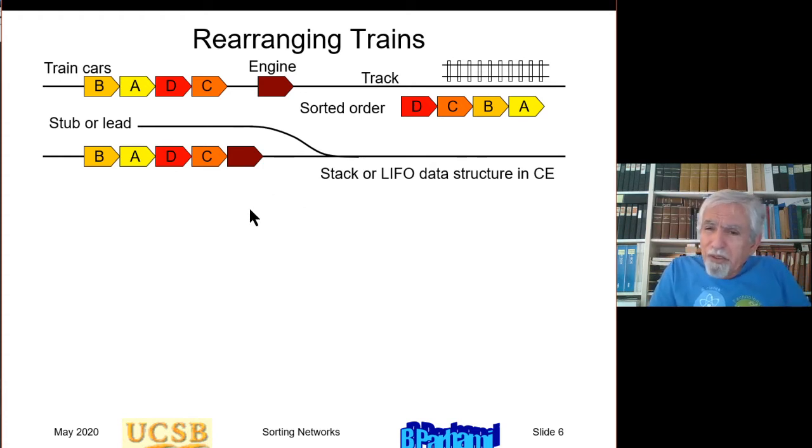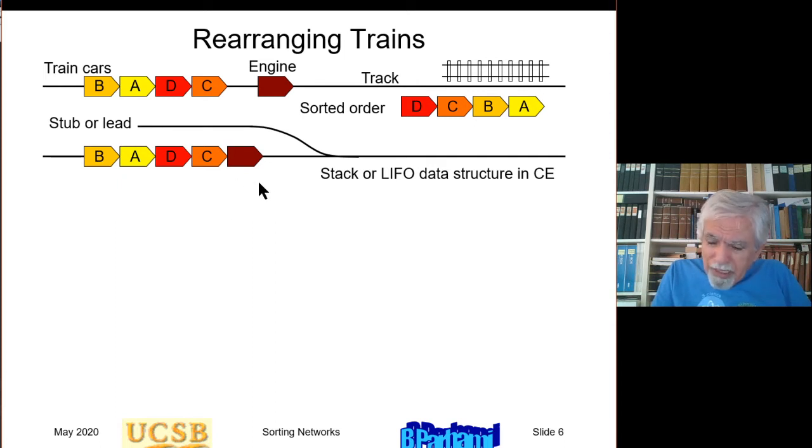So what is a general algorithm? In this case, I was lucky because I just needed 2 steps. I just needed to take C and D forward, put them in the stub, take A and B forward, push them into the stub, connect them to C and D, and go out. Okay, so this is not the worst case of sorting. If this C were A, for example, so if I had A, D, C, B, then the task would have been more difficult.